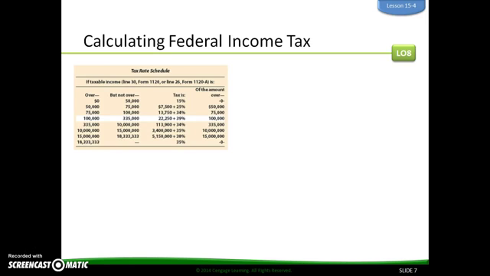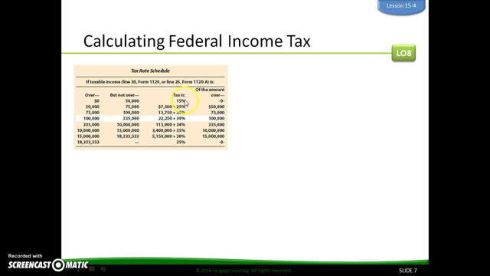And here you're actually seeing the tax schedule, and what you want to pay attention to is if you made more than $0, woohoo, I made profit, but not over $50,000, you pay 15% in tax. Once you get to $50,000, then you pay 25% tax on the next $25,000 that you've earned.